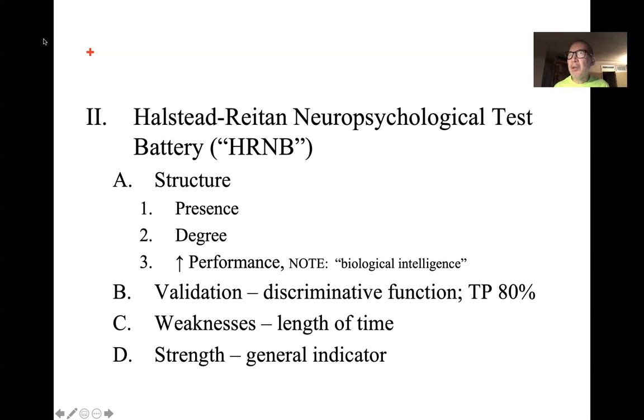Also, because of the number of tests and all the large pieces involved, it does take some time to administer. It's not uncommon that for someone who's suffering from, let's just say, moderate dementia, it may take you a few to several office visits to administer the Halstead Reitan.